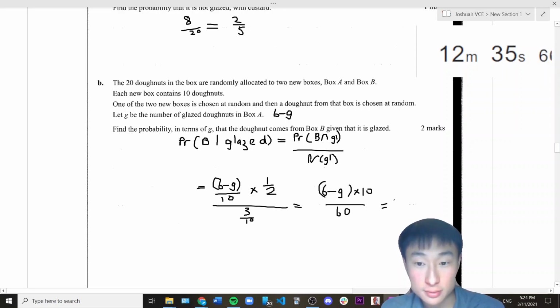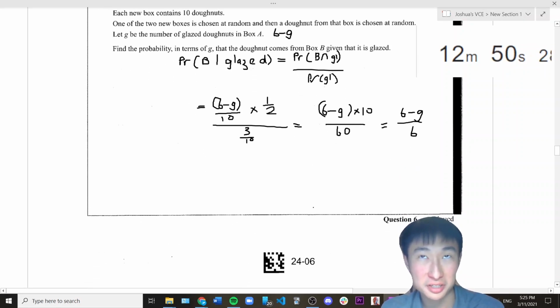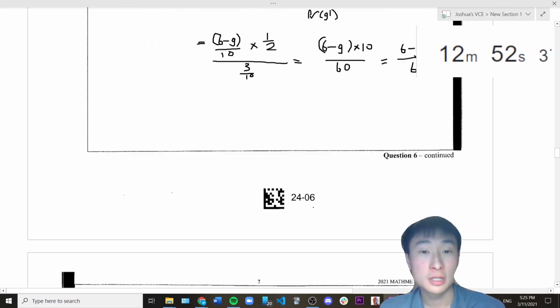That's equal to 6 minus G over 6. Yeah, that looks right. Cool.